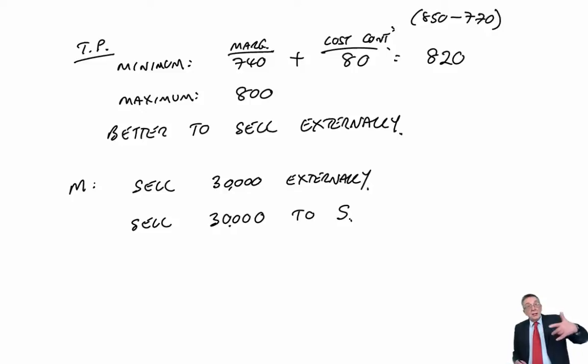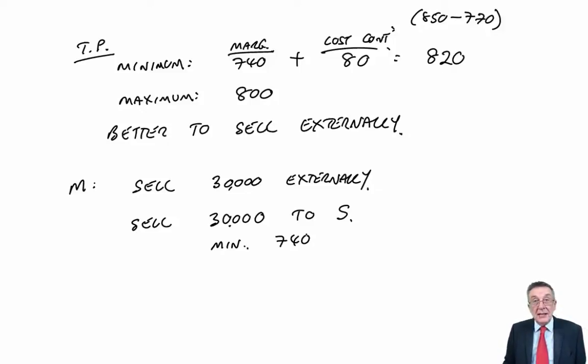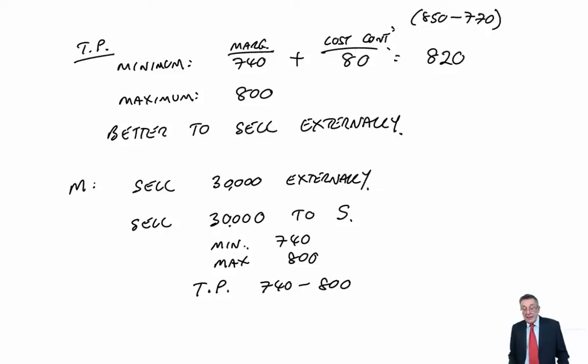And again, because they're no longer going to be losing a contribution, the minimum price they could charge, they'd only need to cover the marginal cost of 740. And of course S, the maximum they'll pay is 800. So the transfer price would have to be between 740 and 800. And both would be happy. M's happy to sell them provided it's more than 740. S is happy to buy them provided it's less than 800. And anything between the two would achieve the objectives.